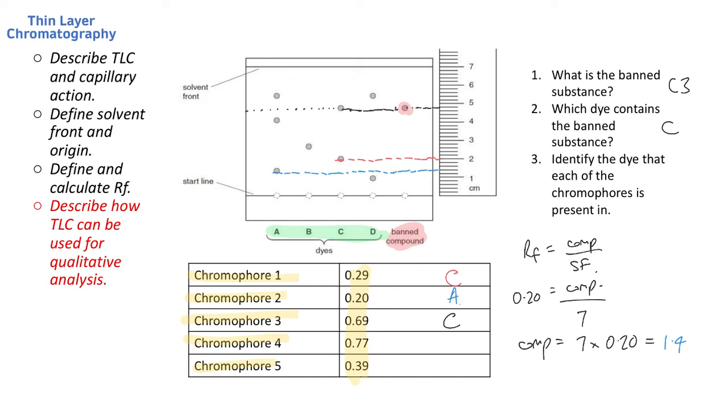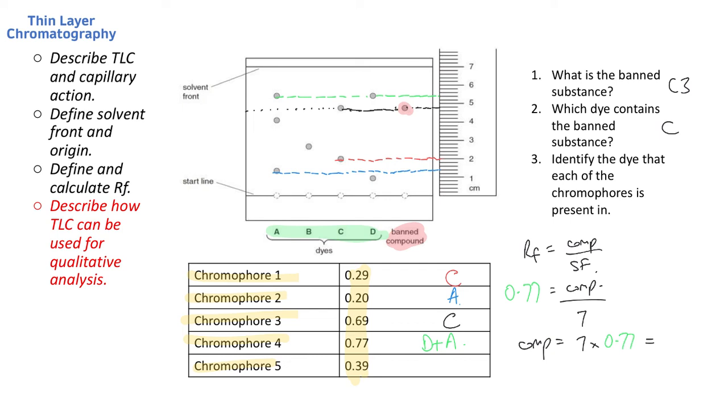We can do the same for the next one, 0.77. 0.77 is equal to this one over here, which gets you 7 times 0.77, 5.39 or 5.4. So 5.4 is over here, and that might be in D and in A. So D and A have chromophore 4.